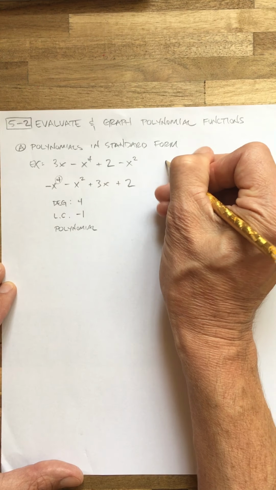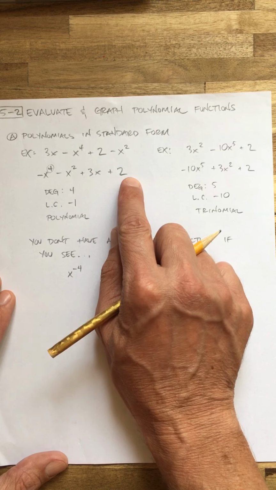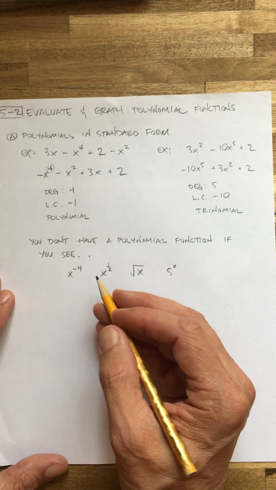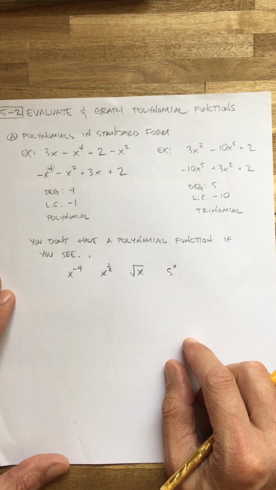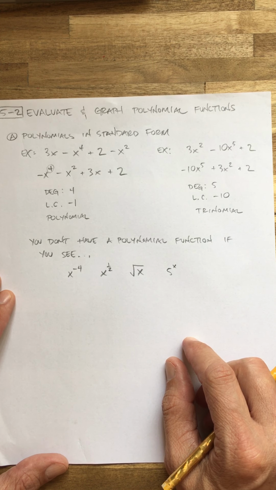All right, so one of the things about polynomial functions, you could pretty much tell how this is going to look as a graph. If we were to graph this guy right here, since it's to the power of 4, we know it's going to be kind of like a parabola in a way.